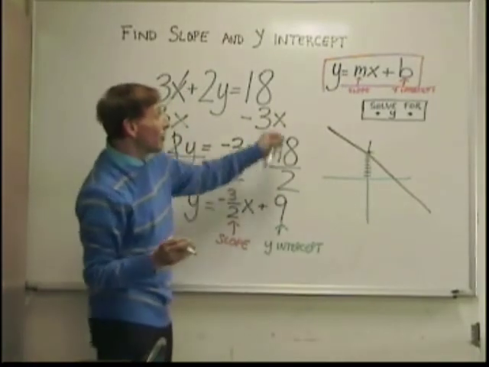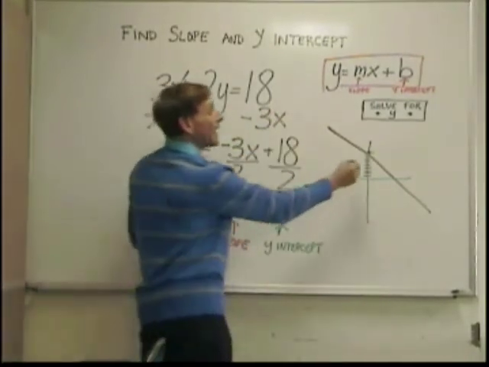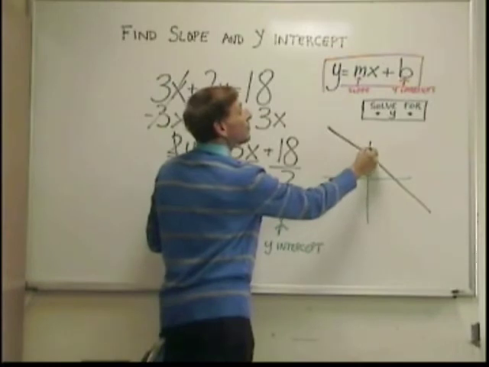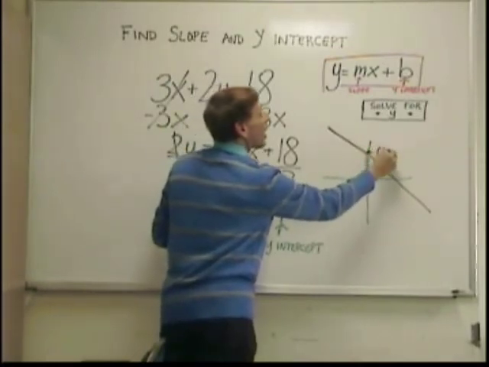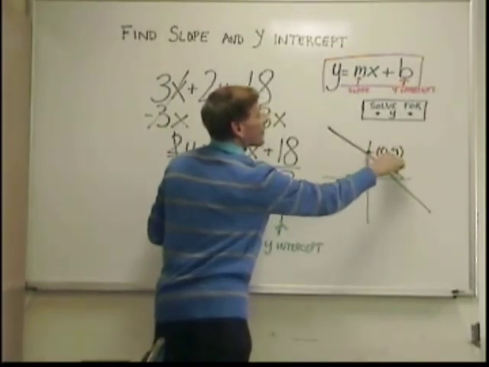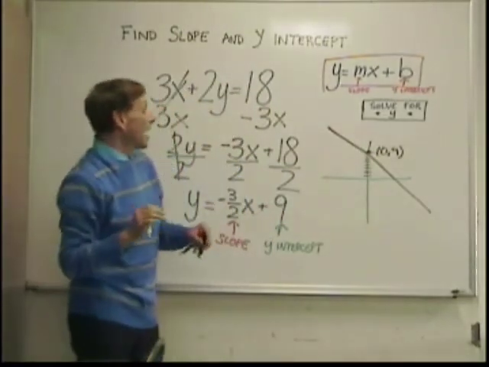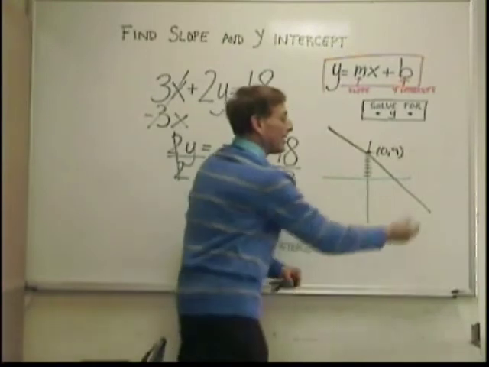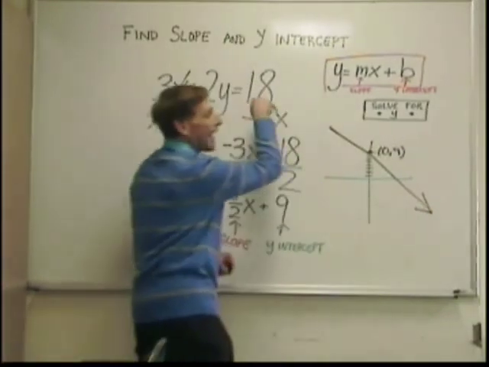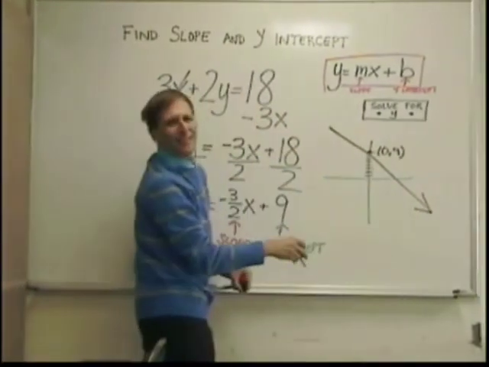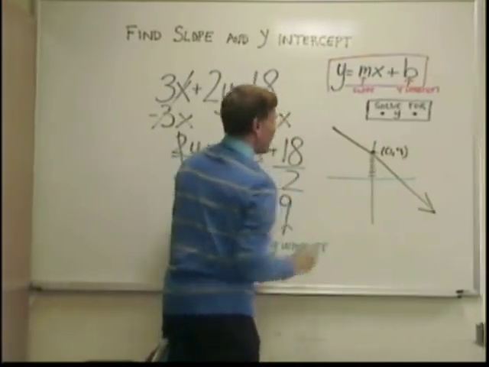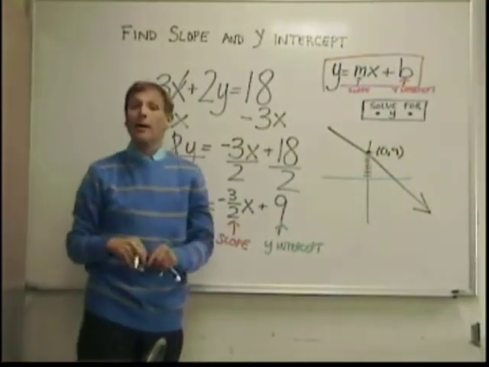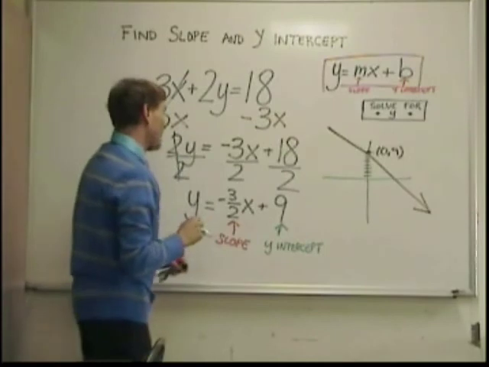So a graph would look something like this, with the y-intercept being positive at 0x, 9y, and the slope going down from left to right. A negative slope, as if a business is doing badly, going down from left to right.